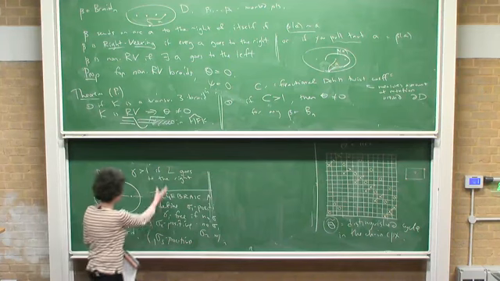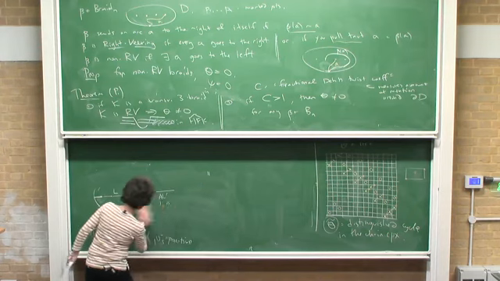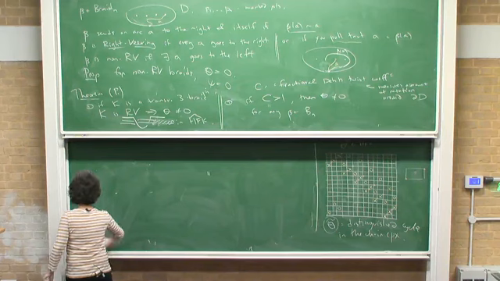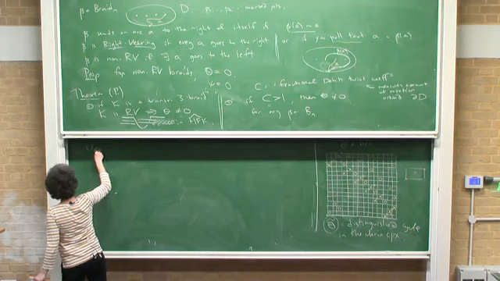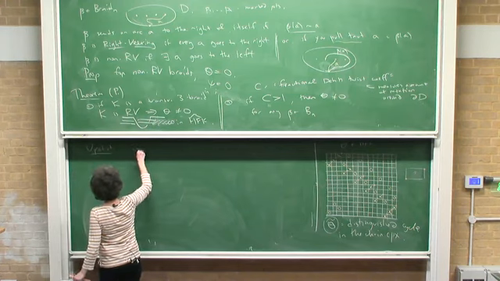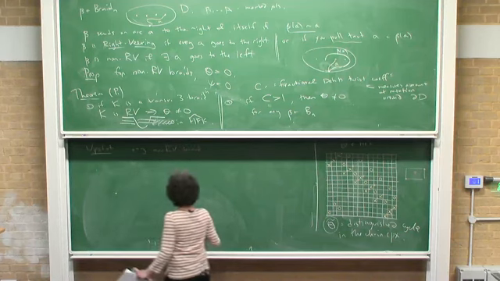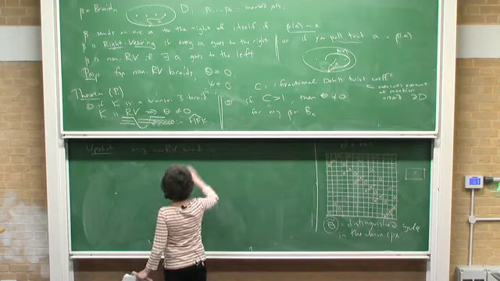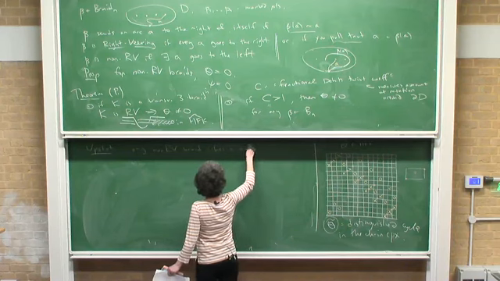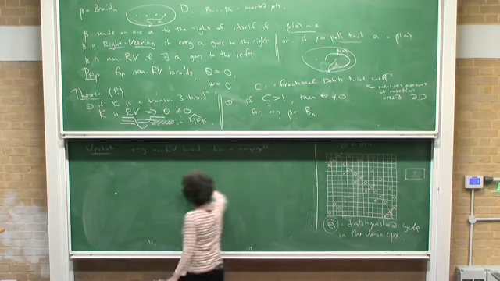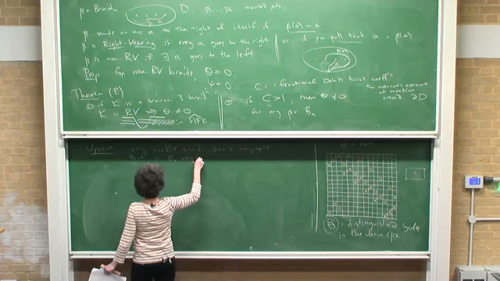And so then, if you believe the equivalence of the two definitions, I can say that any non-right-veering braid has a conjugate that is sigma 1 negative.